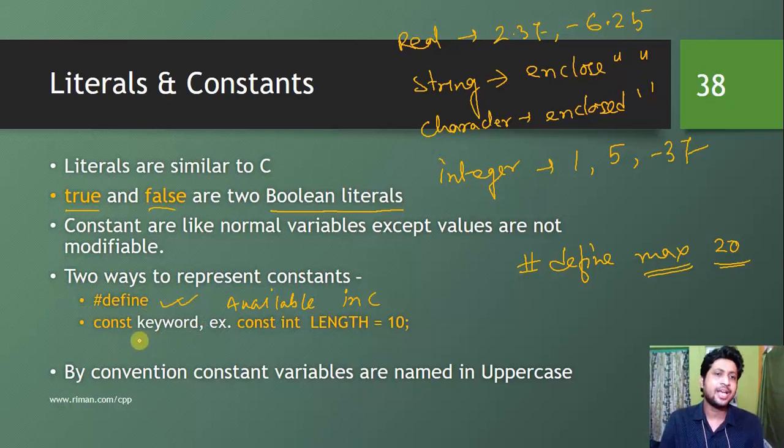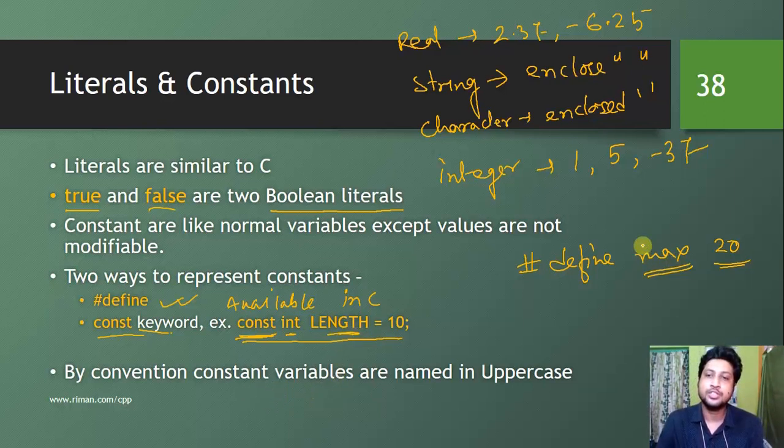Similarly, we have another way using the const keyword. For example, this particular line, const int LENGTH = 10. By preceding the type with this const keyword, we can define this length to be 10. By convention, we always try to write constant variable names in uppercase.